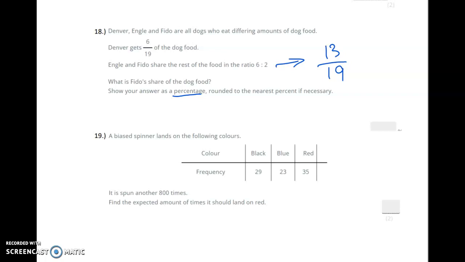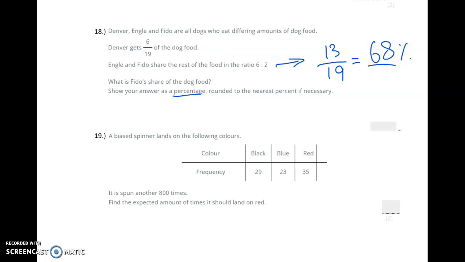And then that's shared in the ratio of 6:2. That 13/19 I'm going to change into a percentage. So it'll be 13 divided by 19 times 100, and it says nearest percent, so that's going to become 68%.